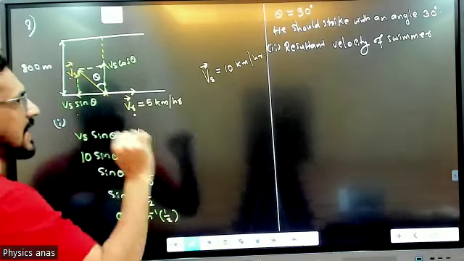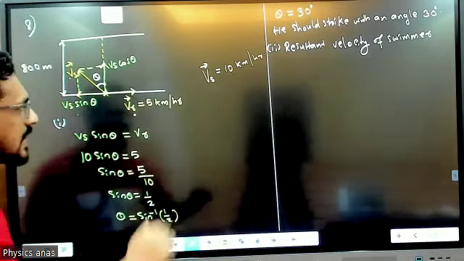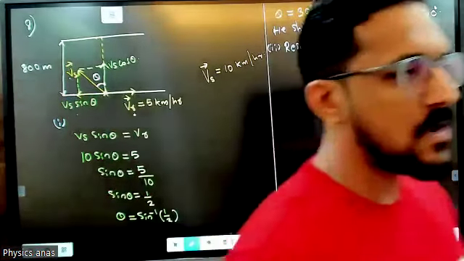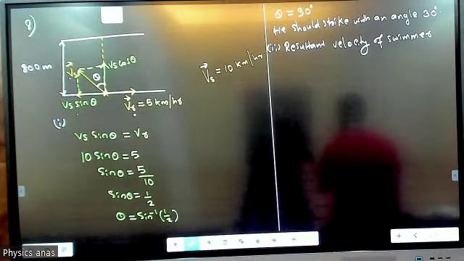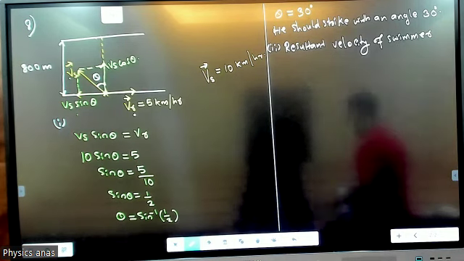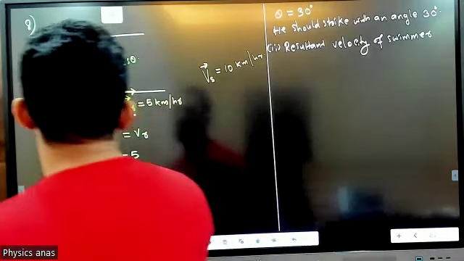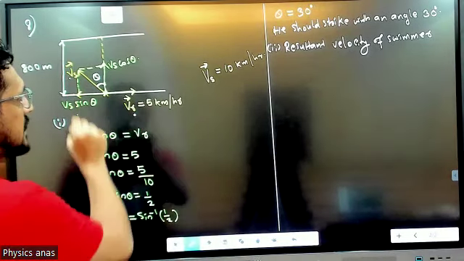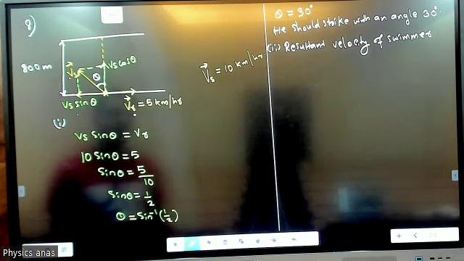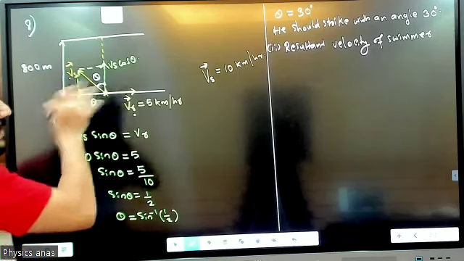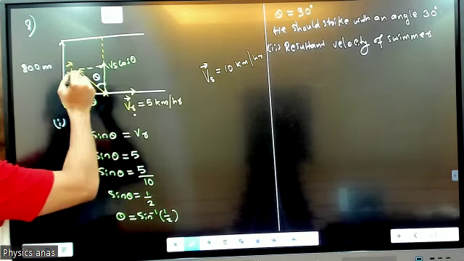The velocity he can experience will be the resultant of Vr and Vs. In this figure, which velocity is the resultant of Vr and Vs? Just look at this figure, guys. This is Vr and Vs.